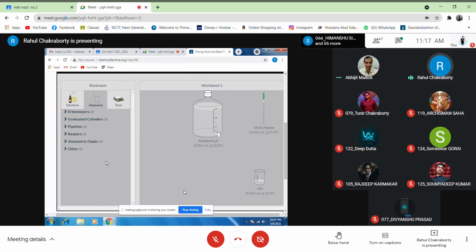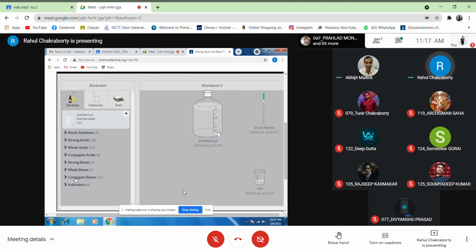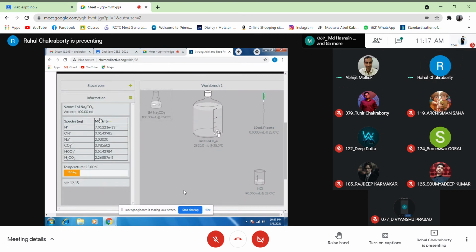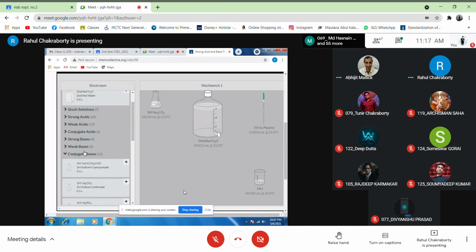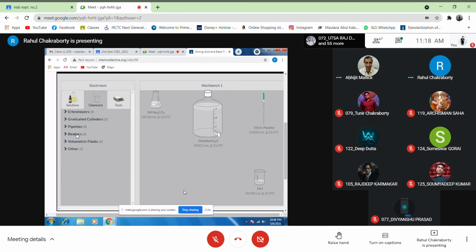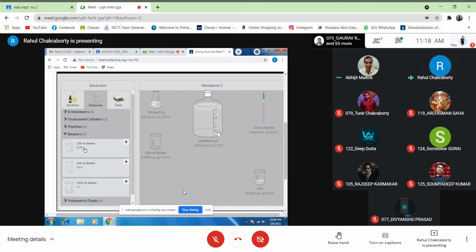Then we prepare sodium carbonate solution. Under solutions, click on conjugate bases. Then choose 1 molar Na2CO3. Then under glassware, click on beakers and choose another 250 ml beaker.